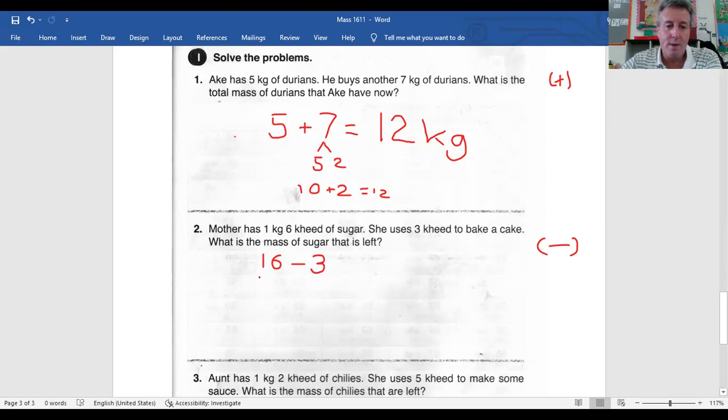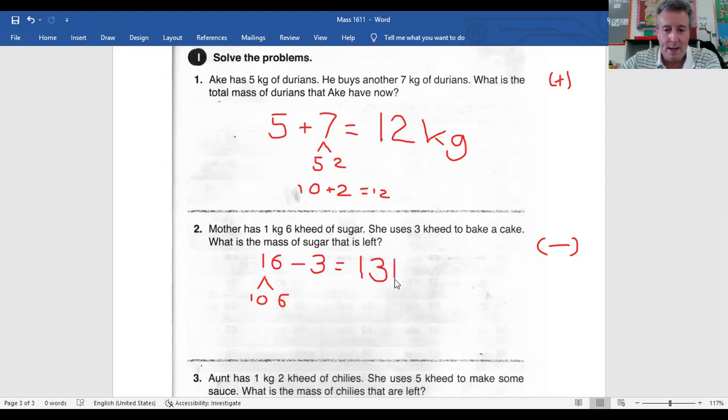So how do we do this one? We could do it 6, 10. Then we say 6 minus 3 is 3, and 3 plus 10 is 13. So our answer will be 13.